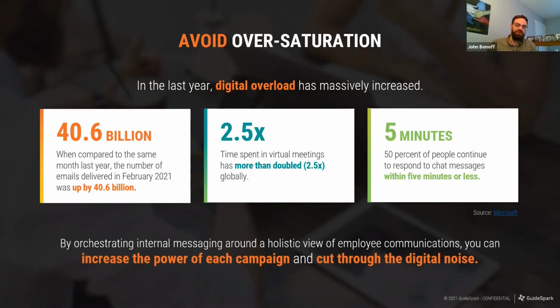The solve in between the cutting through and the oversaturation is this orchestration of internal messaging around a view of everything that employees are going through and all that they're receiving, so that we can increase the power of each campaign and cut through the noise. And when we're able to do that, we get to the real end game, which is to align the organization around a goal or a set of communication goals, so we can drive outcomes that actually matter to the organization.